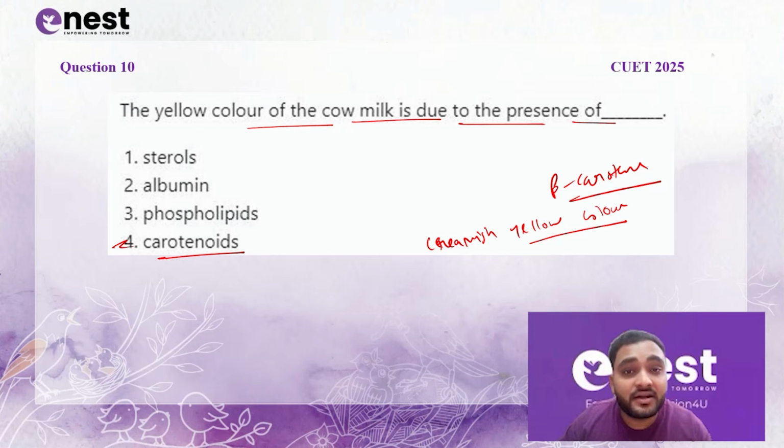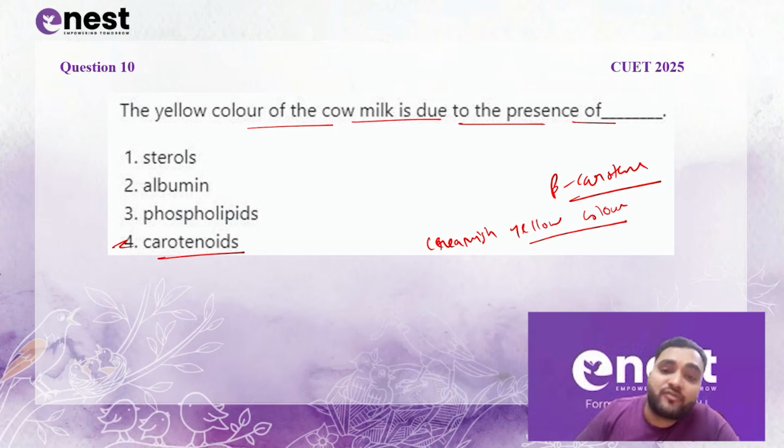But cows do not convert it. That is why cow milk is slightly yellowish in color. So buffalo milk appears whiter because of a high amount of casein, followed by the conversion of beta carotene into vitamin A. But cow milk is yellowish because it contains beta carotene and it contains a lesser amount of casein.